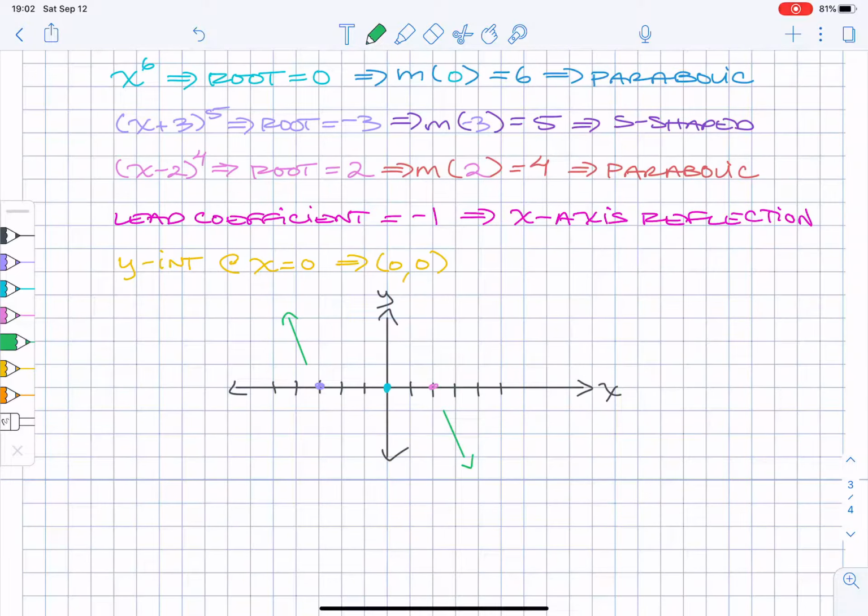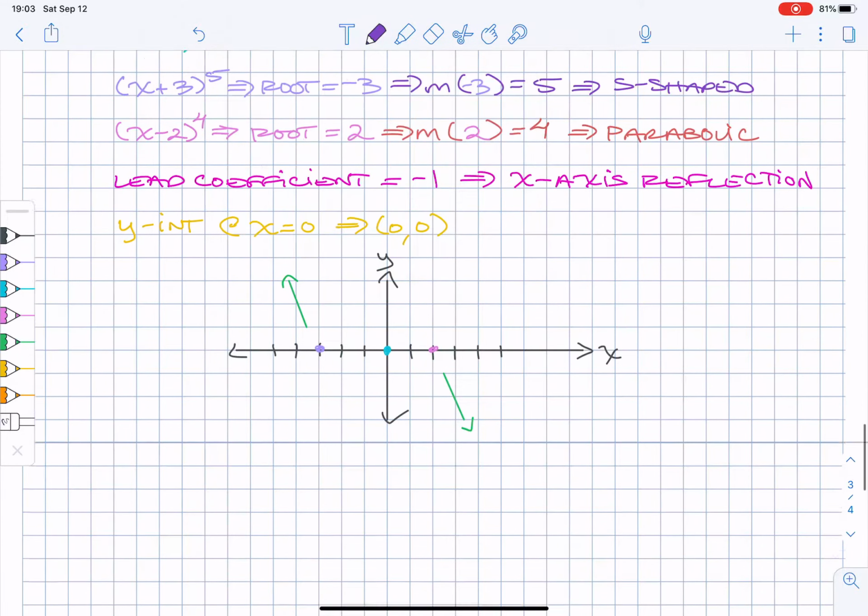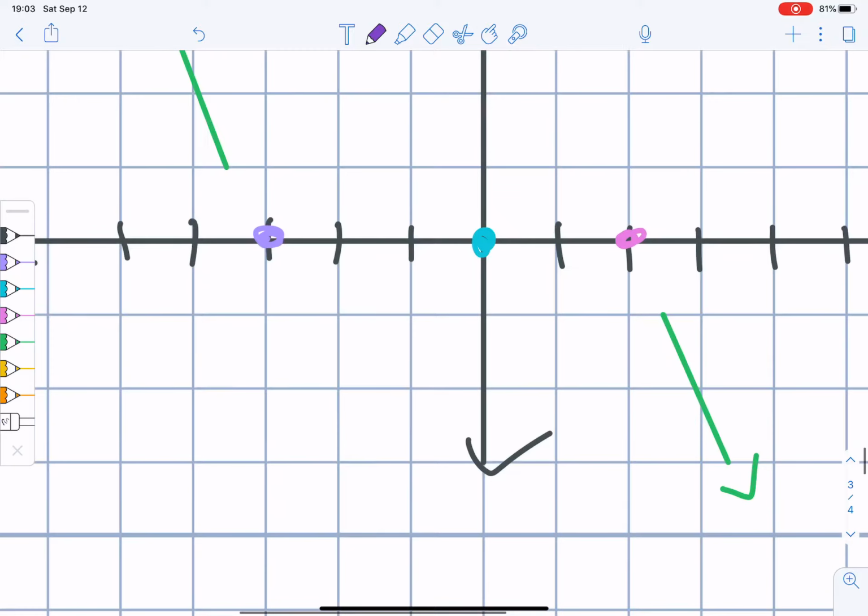But what am I going to do in between? So let's look at the root at negative 3, and that is S-shaped, meaning I come down in a little S-shaped graph like so. Oh, I tried to do this nicely, but I can't. Why can I not draw this well? Okay, so there we go. Good enough for government work, right?